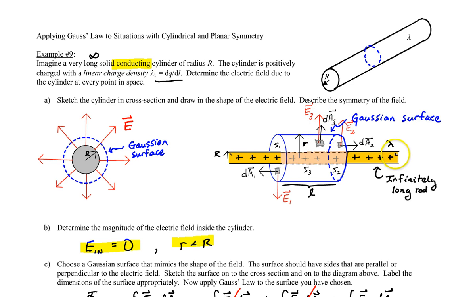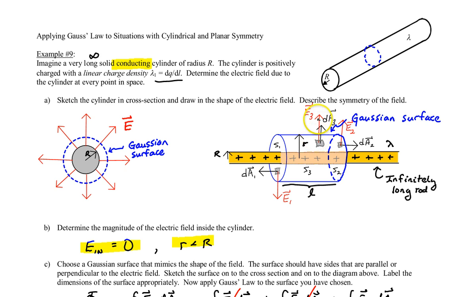Now, that's only true as long as this end and this end extend out to infinity. If you didn't have an infinite length here and this was a finite length here and here, then what would happen is you would have not just a perpendicular component of the electric field, but you would also have parallel components.